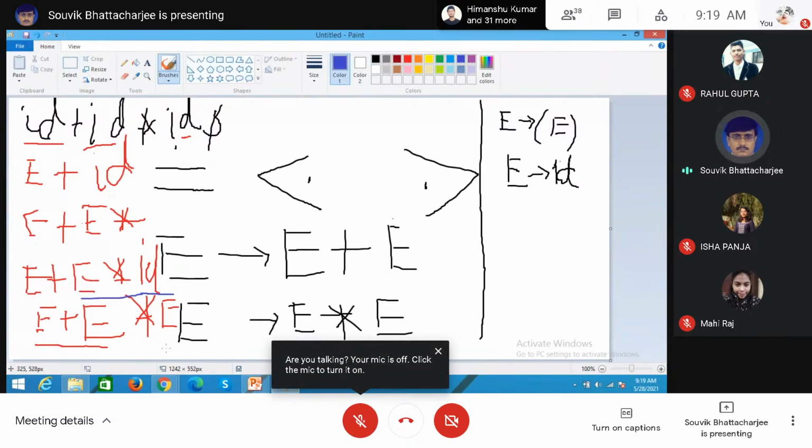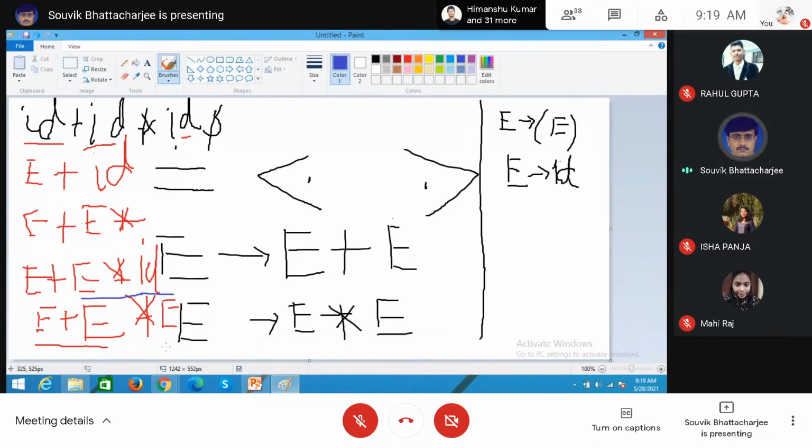E star E is a handle and E plus E is a handle, both. How do you identify which handle needs to be reduced first? This problem is a reduce-reduce conflict.